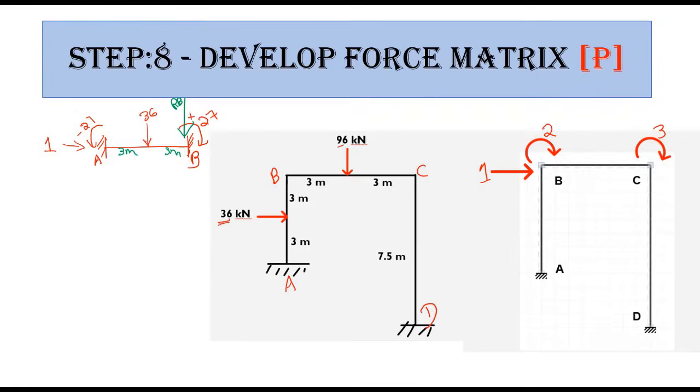Now I just have to find the moment at A. Since at A we have a fixed support, the moment at A will be 0. So I am calculating the moment at A with all these values.